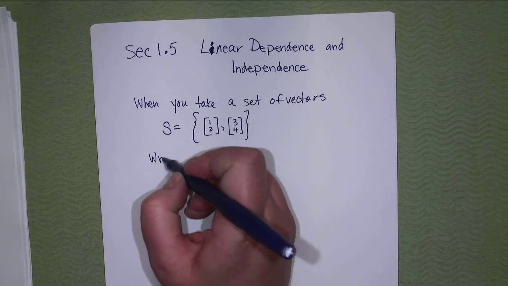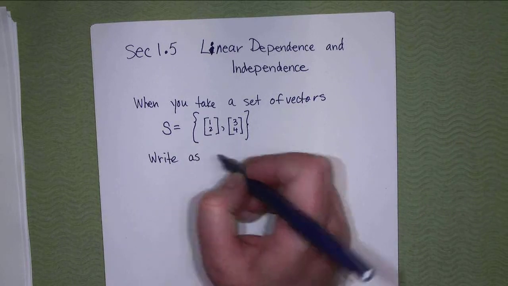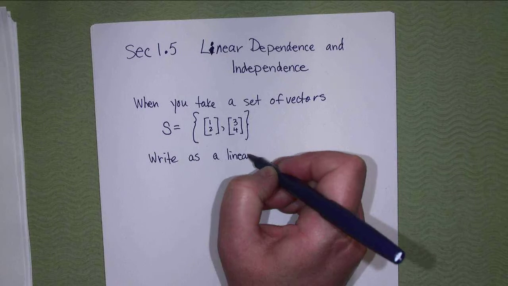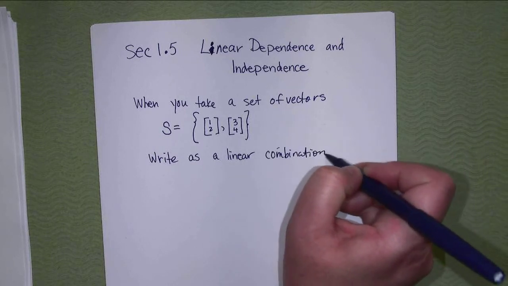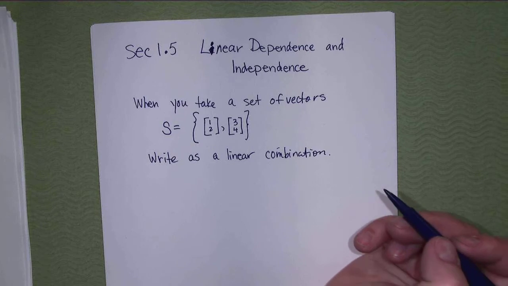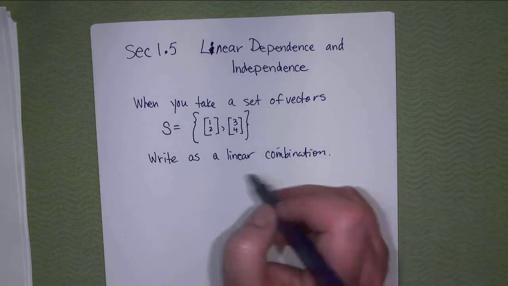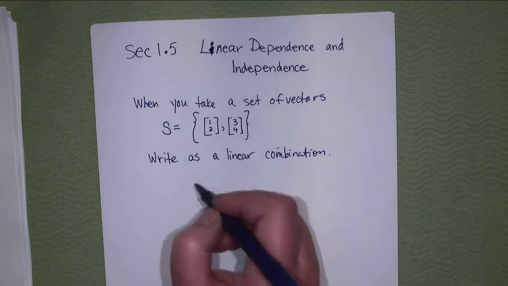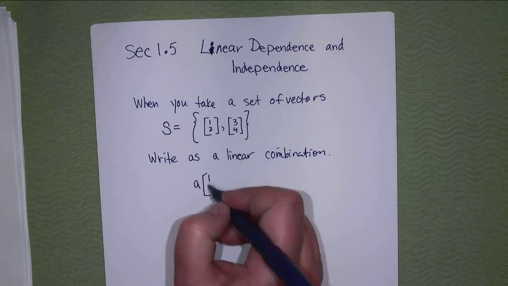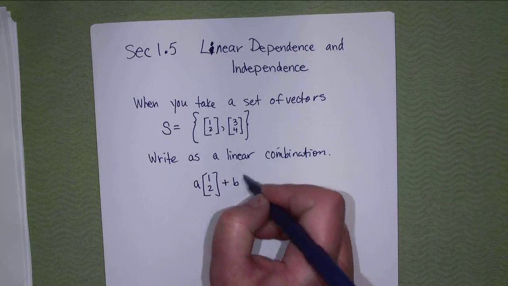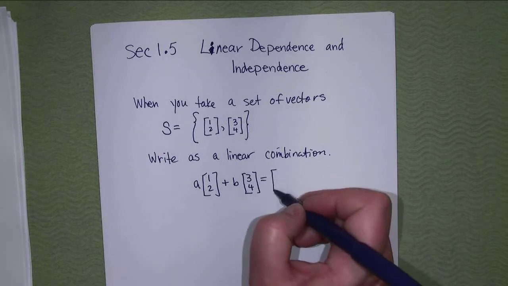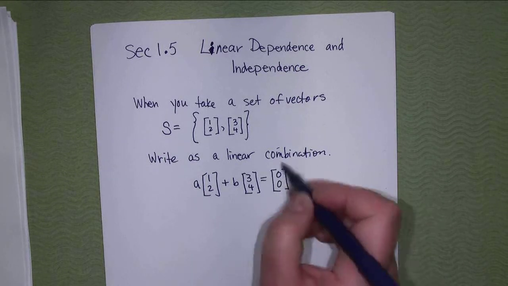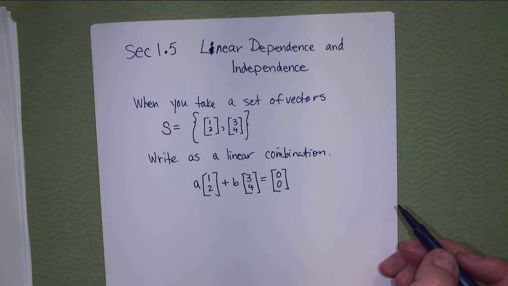Okay, we can write them as a linear combination. So what does that mean to do? Linear combination is when we add or subtract a multiple of those vectors. So we might say A times (1, 2) plus B times (3, 4). And we're going to set that linear combination equal to the 0 vector, which is just the vector the same size.